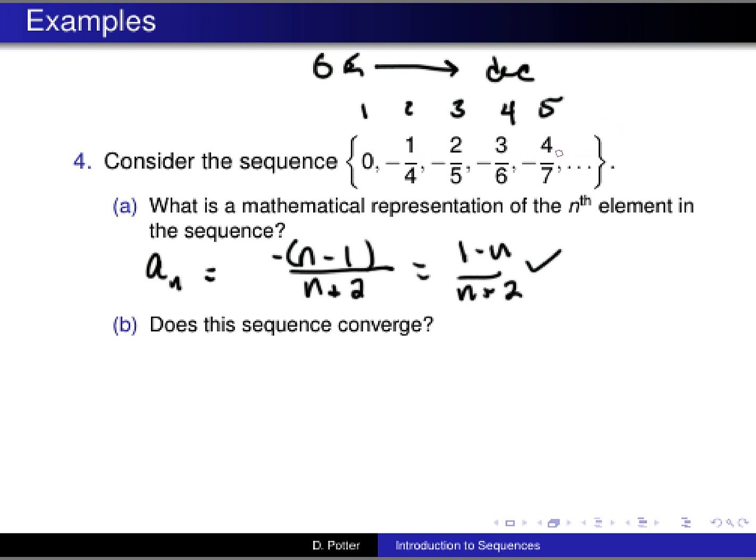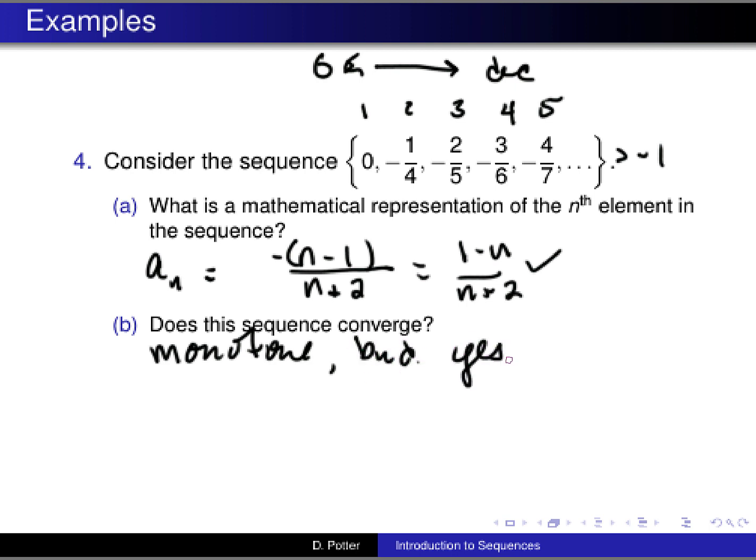But for the lowest value, we'll notice that the numerator is always smaller than the denominator, so this is always going to be bigger than negative 1. And now we know for a fact that it is monotone decreasing and bounded.